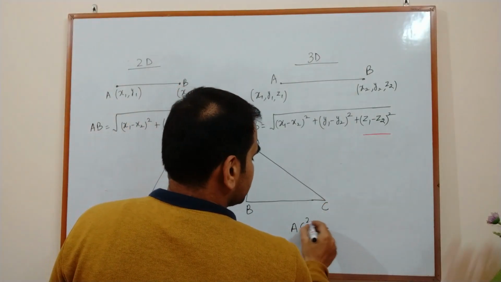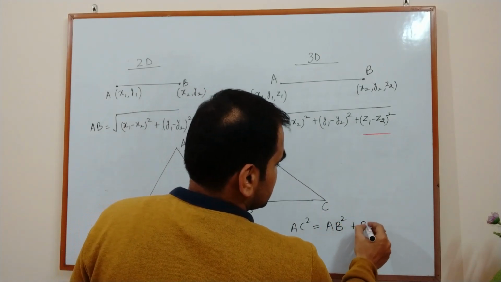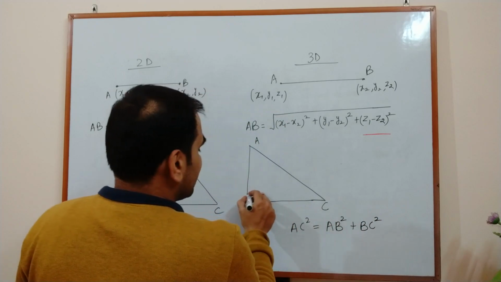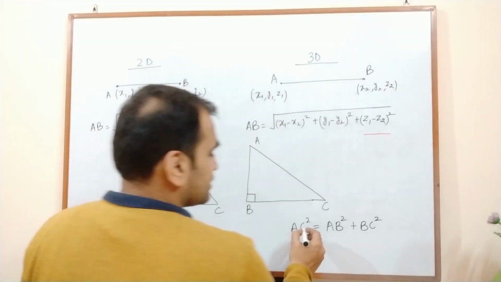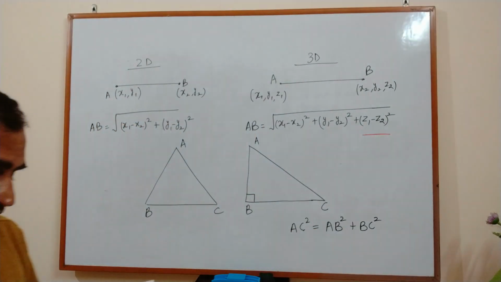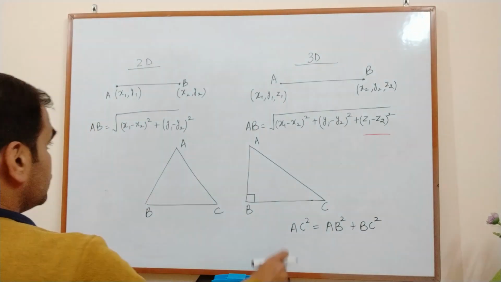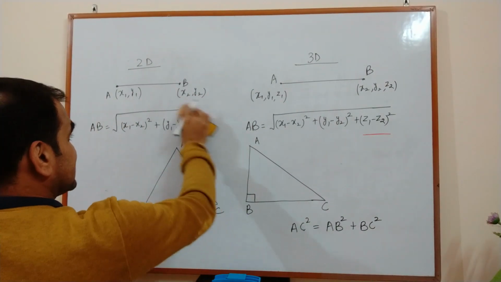According to the Pythagoras theorem, AC square should be equal to AB square plus BC square. So if you want to calculate the distance between A and C, this will be AC. Similarly, AB we can calculate and BC we can calculate. So there are some questions based on this. Let's come to the second exercise.